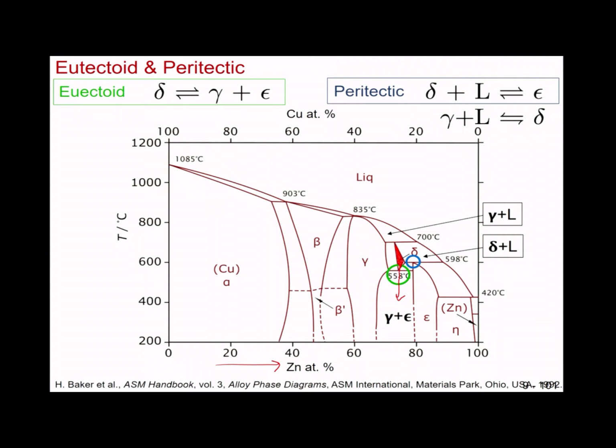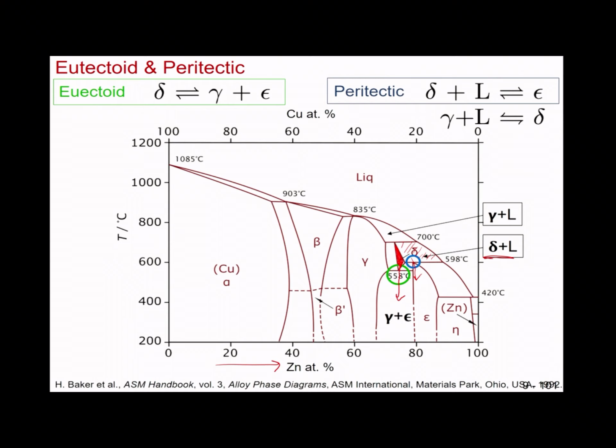You can have what's also called a peritectic reaction, where you have one solid and a liquid, but instead of transforming into two solids, you have transformation into a solid phase. That's given here where you have delta plus liquid, so you're in this region right here, and then you transform into an epsilon region.